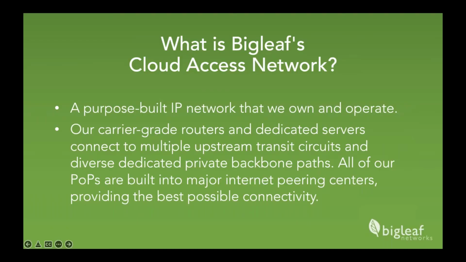So what is the Cloud Access Network? We could dig into the technical weeds here, but it's a purpose-built private network that we own and operate. We're managing private servers and circuits between our data centers. And it's our own network that lies on the backbone of the internet. So let's see where these are located.